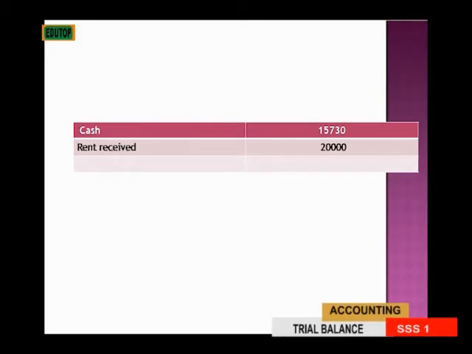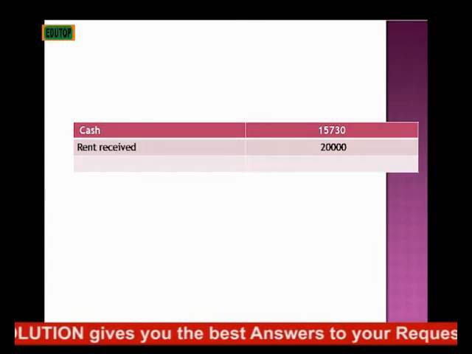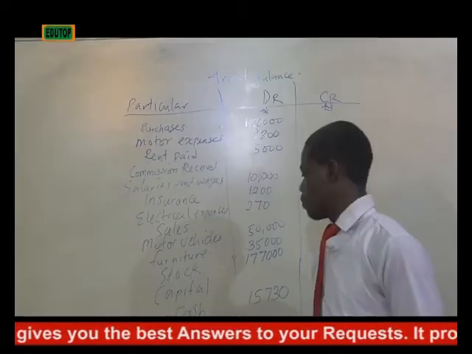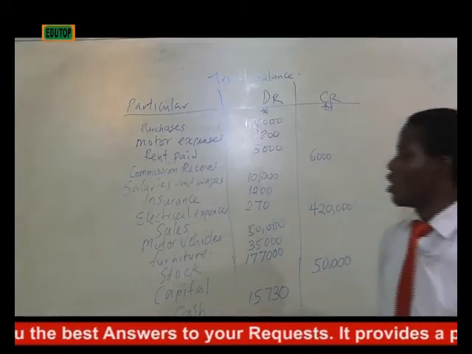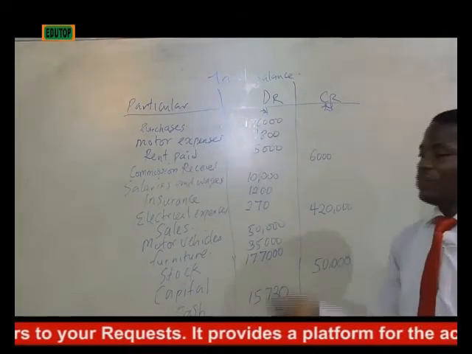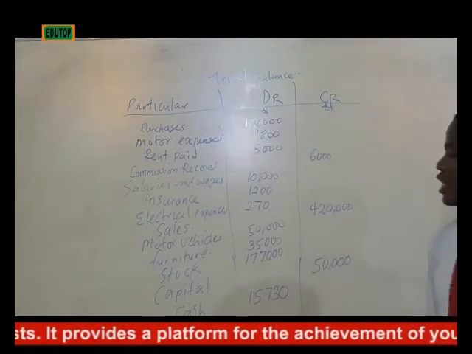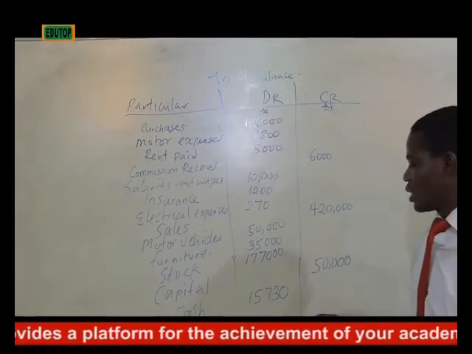Then last but not least, rent received. Rent received is an income. So it is money that comes in, not rent that you paid. Unlike rent paid. But when you receive rent, that is income, so that one has to be credited.